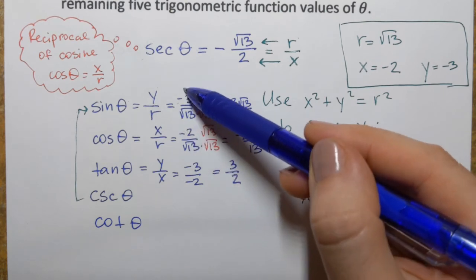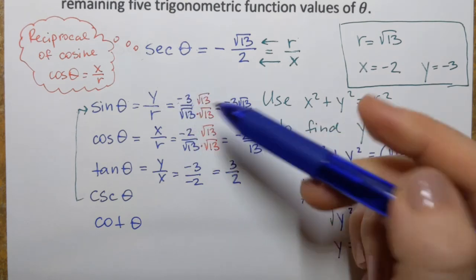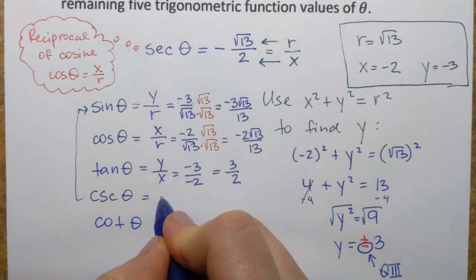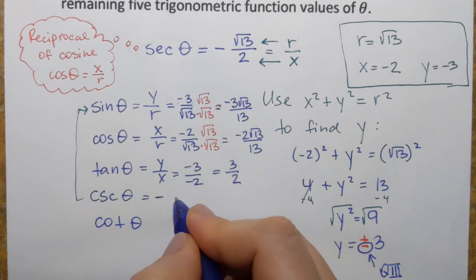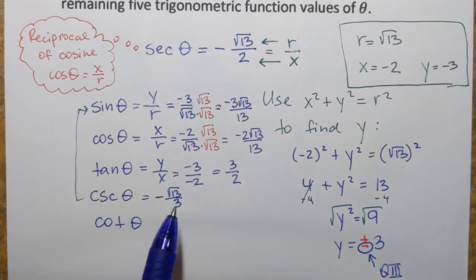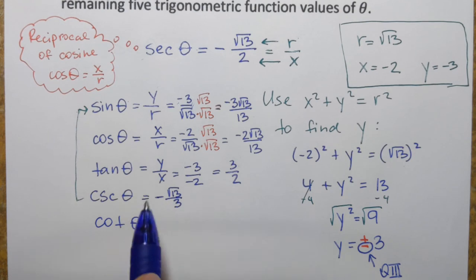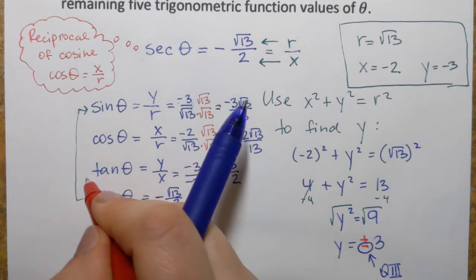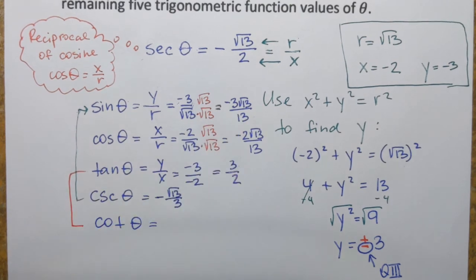So we just have to flip this fraction and that's how we'll get cosecant very quickly. So that's going to be negative, the overall fraction is negative, right? Square root of 13 over 3, like that. And then cotangent is easy. It's the reciprocal of tangent. Since tangent is 3/2, cotangent will be 2/3.